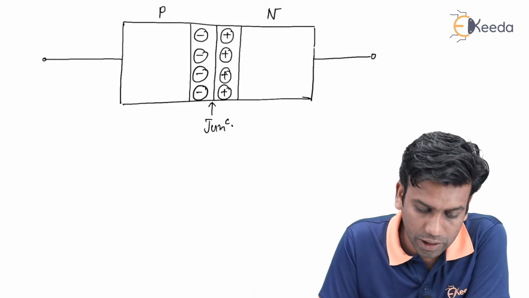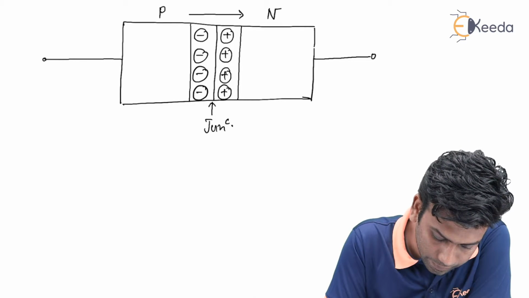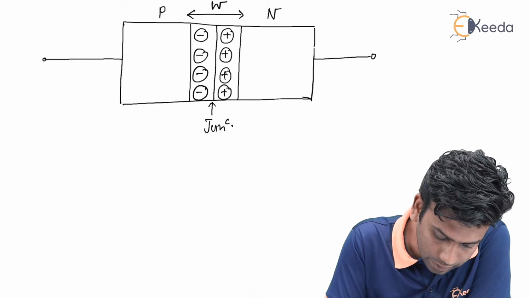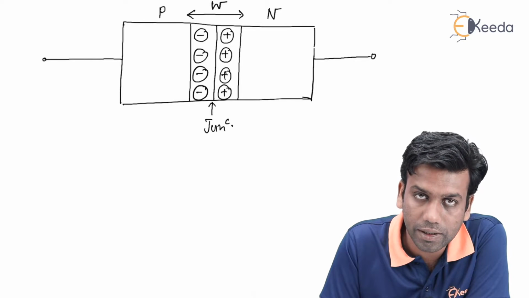Now, in a PN junction diode, the depletion layer, that is this one, can act as a parallel plate capacitor.